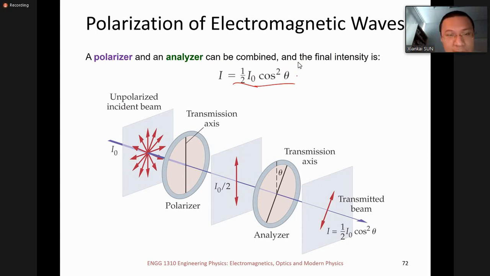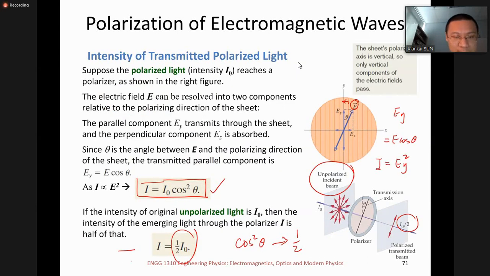Why is that? Basically, you can decompose this into two steps. First, once an unpolarized incident beam passes through the first polarizer, its intensity drops by half. That is what we have here at the end of the last slide.